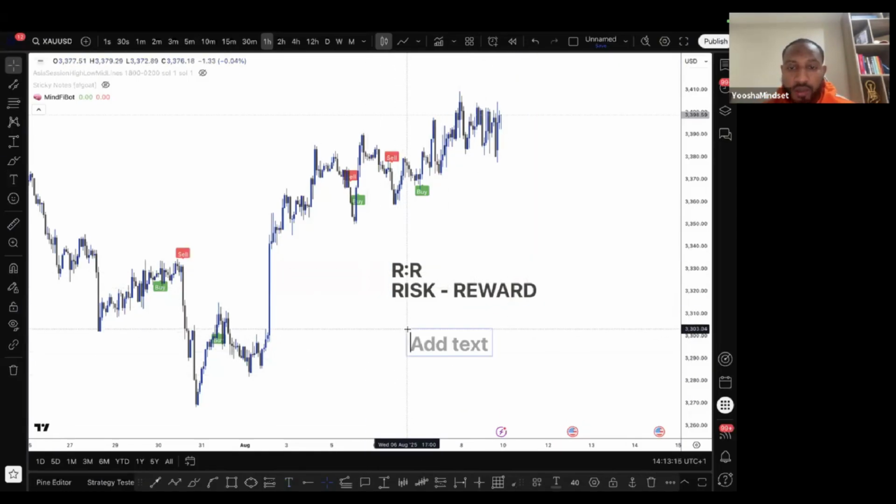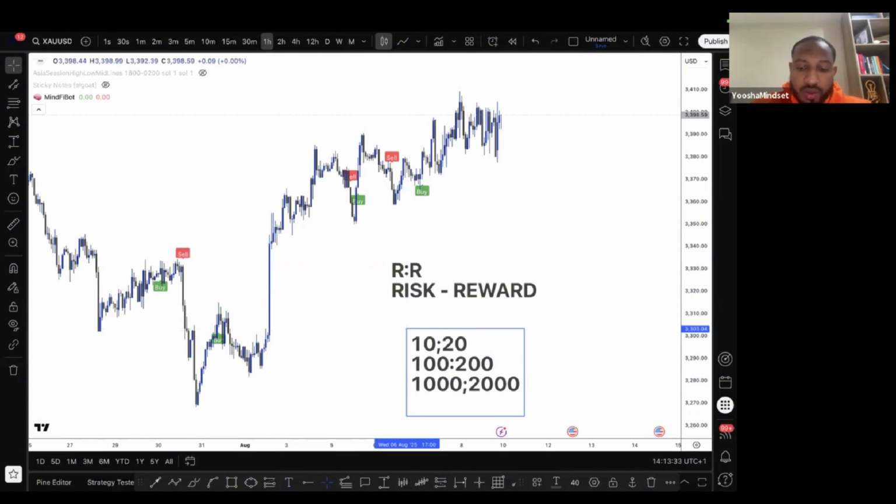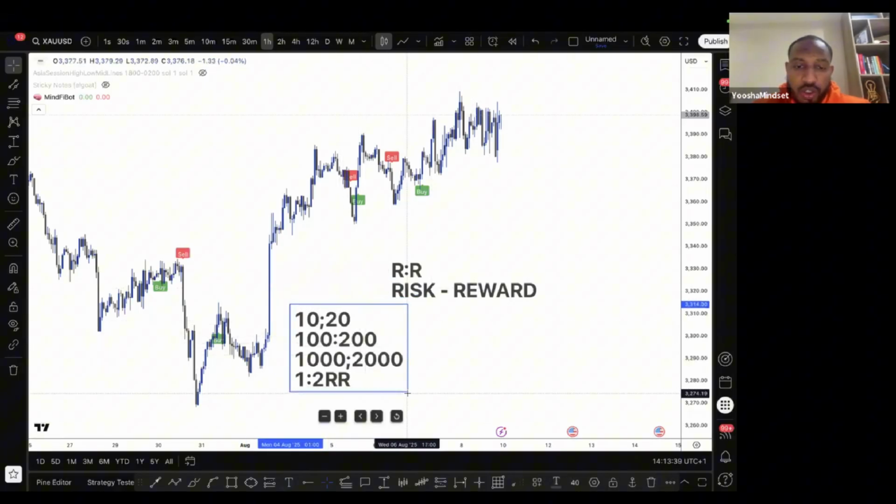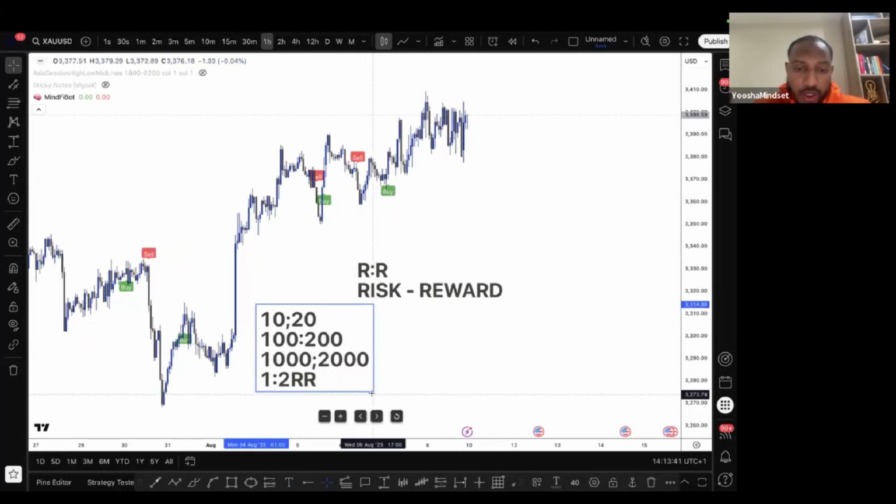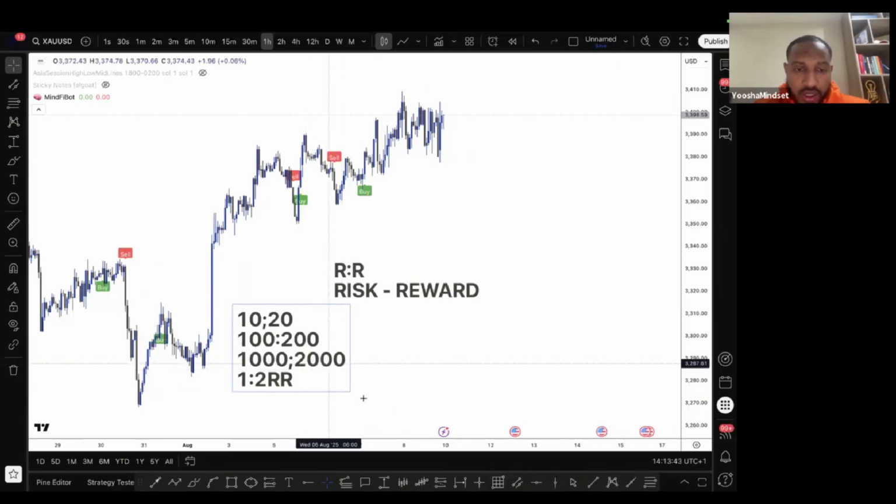Meaning I'm risking 10 to make 20, 100 to make 200, or 1000 to make 2000. If you're doing this, it's known as 1 to 2 RR. That means you're working on a 1 to 2 risk to reward ratio. You're risking 1 to make 2. That is what it means.